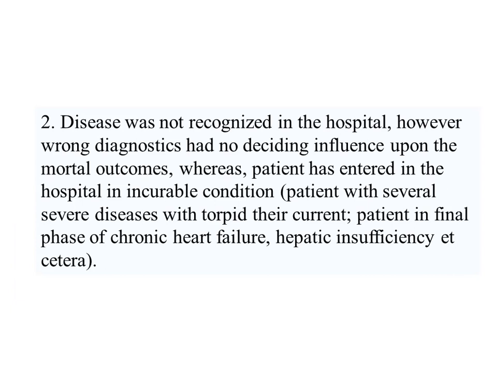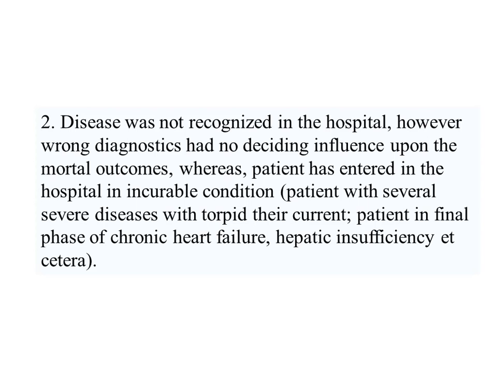Second category of divergences: the disease was not recognized in the hospital, however, the wrong diagnosis had no deciding influence upon the mortal outcome, whereas the patient entered that hospital in an incurable condition.